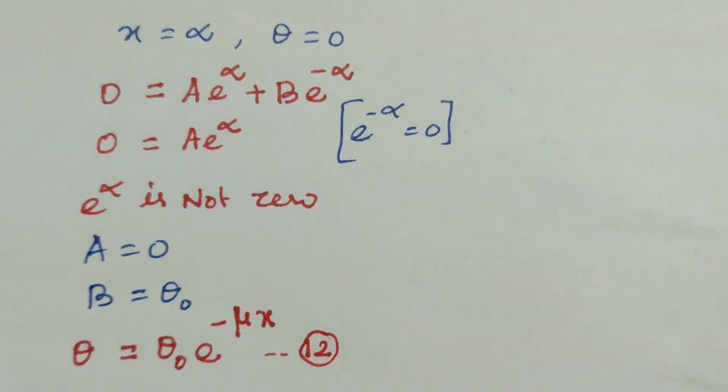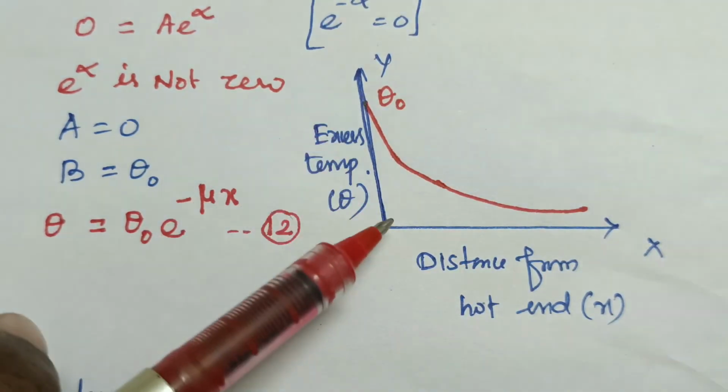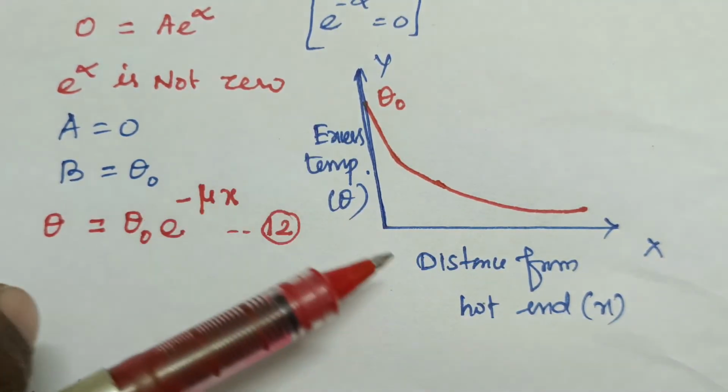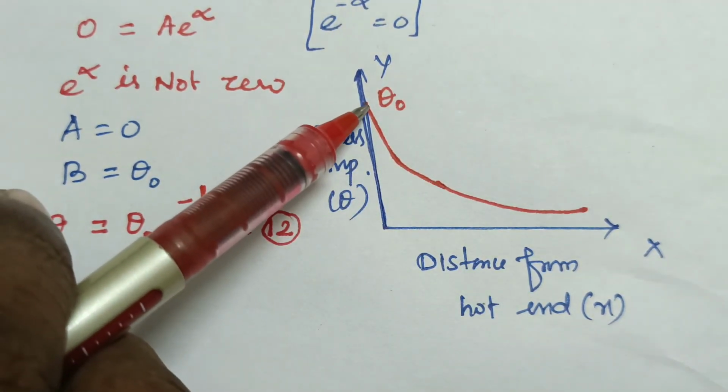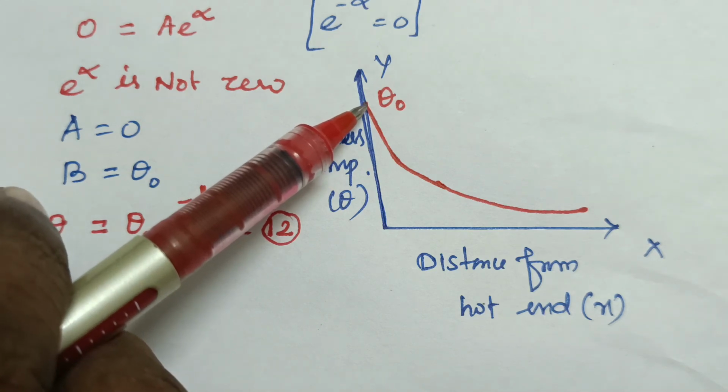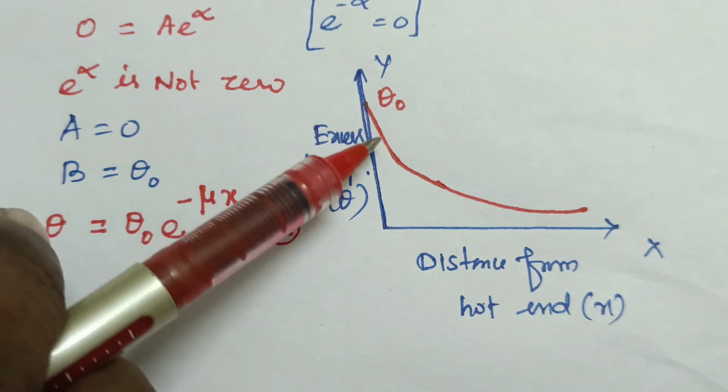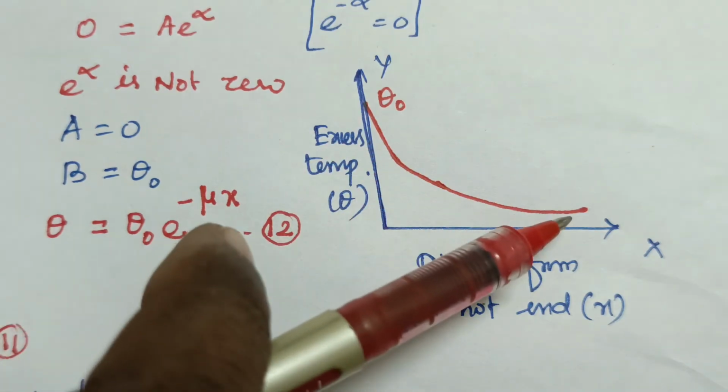Equation 12 represents the excess of temperature of a point at a distance of x from the hot end after the steady state is reached, and it has an exponential curve. The exponential curve எப்படி இருக்கும் அப்படின்னு பார்த்தீங்கன்னா, from the graph plotted between excess of temperature and distance from the hot end, at the hot end the temperature is maximum, theta 0. Now from the hot end to the cold end the temperature decreases exponentially.